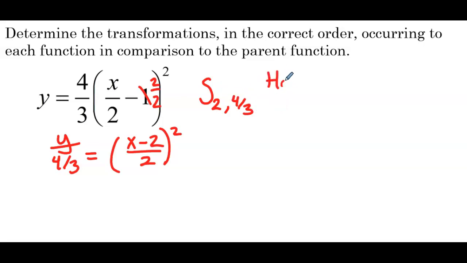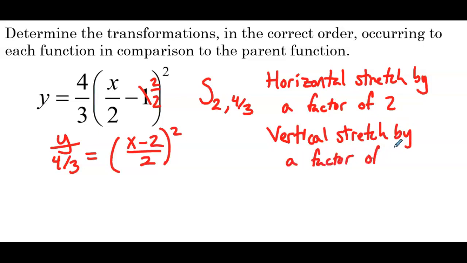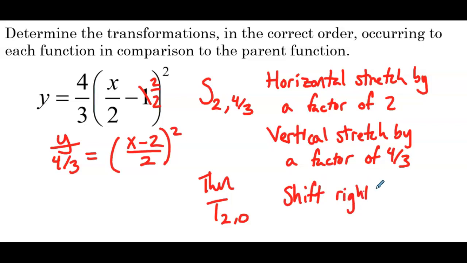So we have a horizontal stretch by a factor of 2, a vertical stretch by a factor of 4/3, and then we're following that up with a translation of, let's see, x minus 2 in the function, so we're adding 2 to x, nothing to y, following that up with a shift right 2.